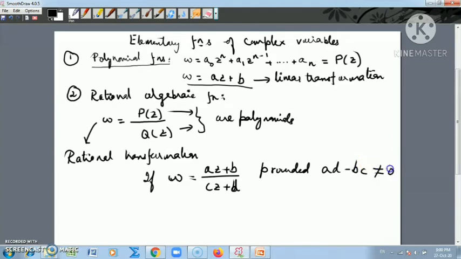That means AD is not equal to BC. Then we say that it's a bilinear or fractional linear transformation.